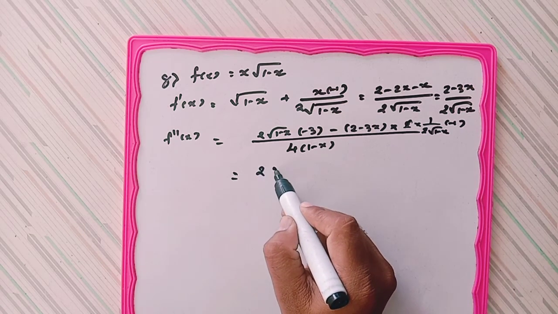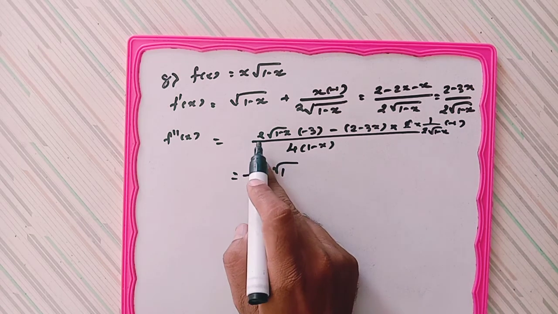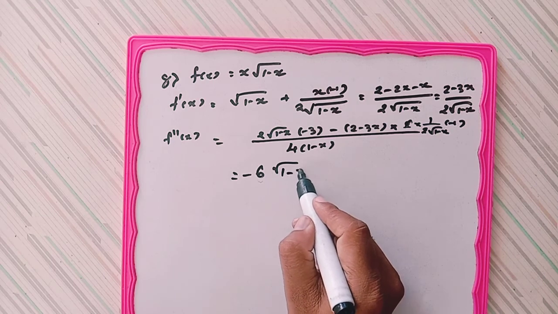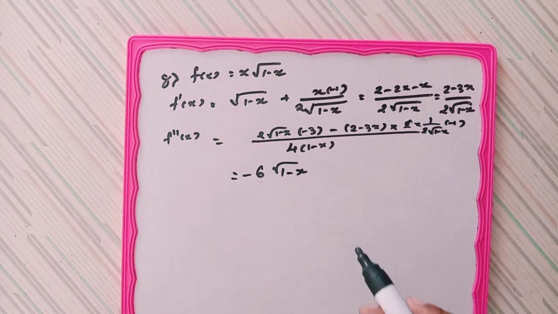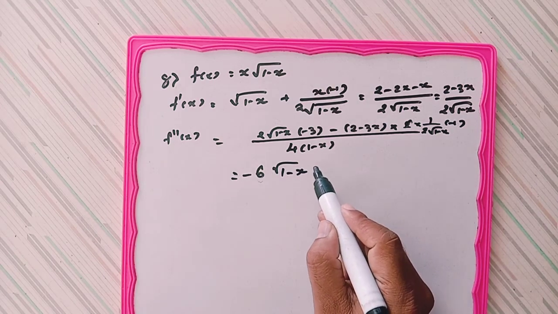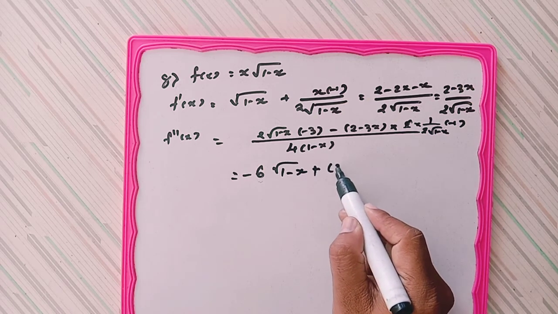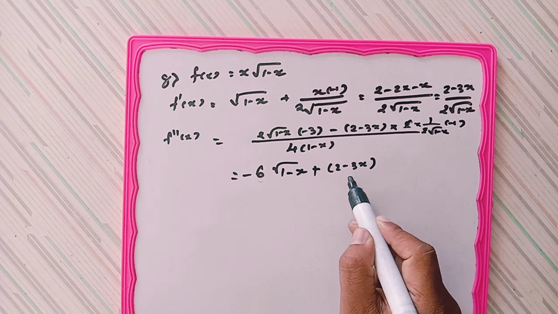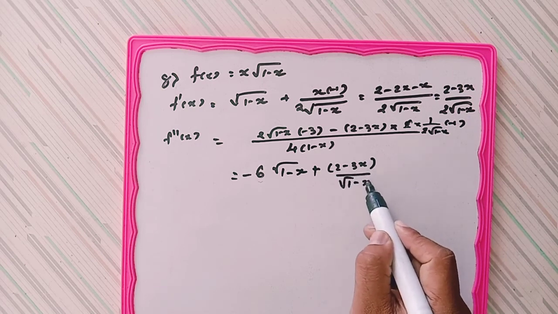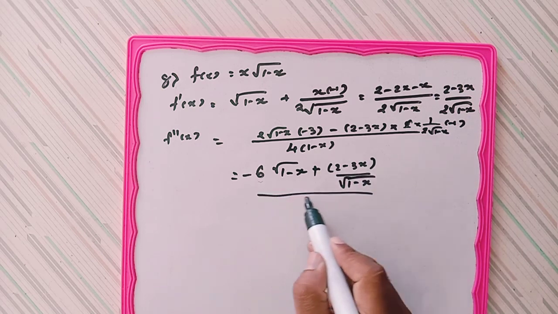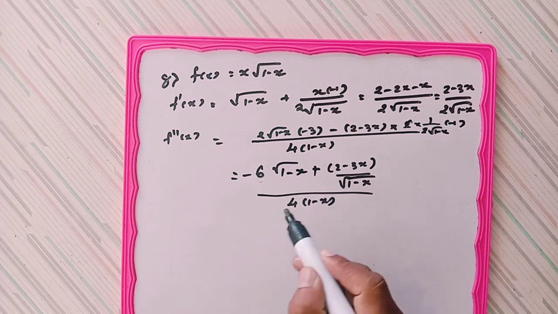So it is 2 root 1 minus 6 root 1 minus x plus 2 minus 3x by under root 1 minus x upon 4 into 1 minus x.